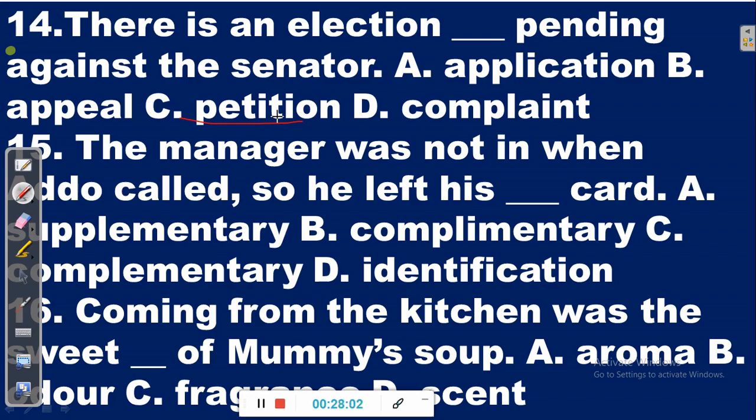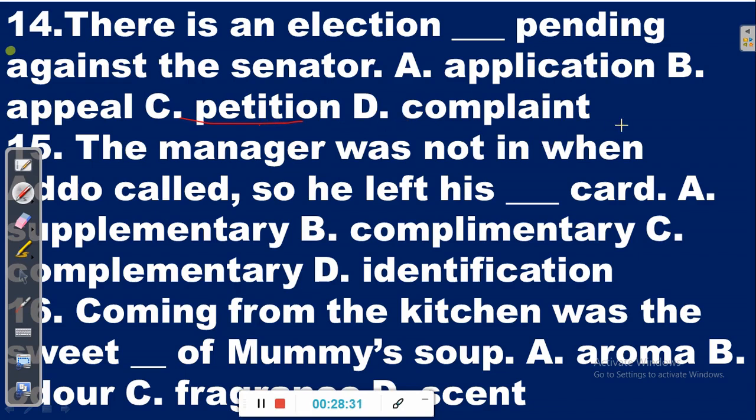You hear of an election petition when an election has taken place and someone has been declared a winner. Then the other person who participated in that election and who lost can bring a petition asking the tribunal to nullify the election, and that is a petition.